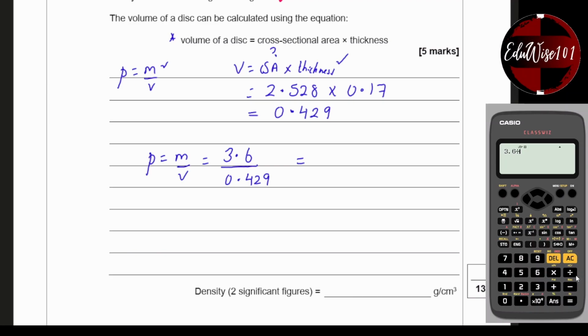That's 8.39, and they want the answer in two significant figures, so it'll be 8.4. So the answer is 8.4 gram per centimeter cube.